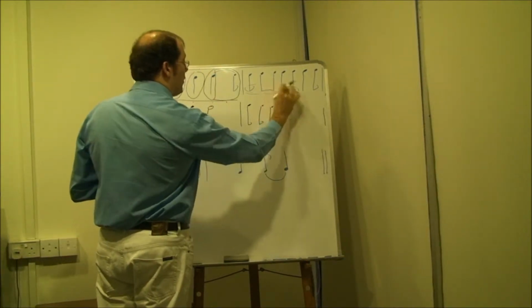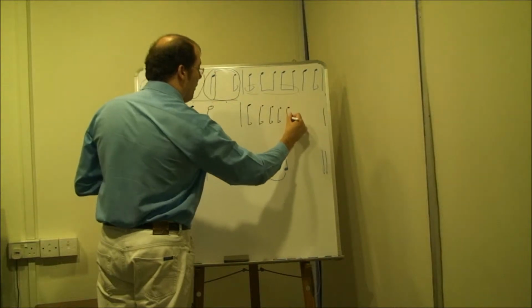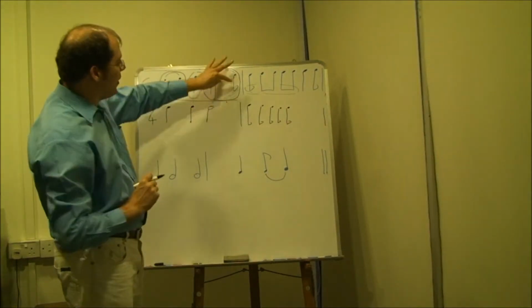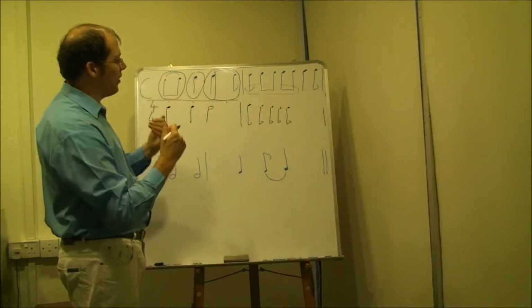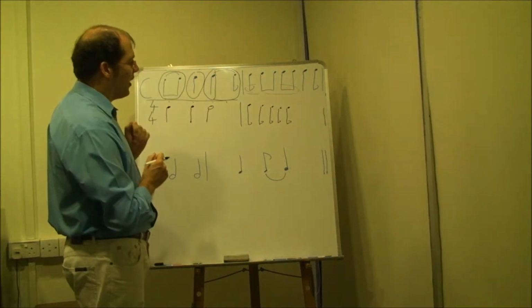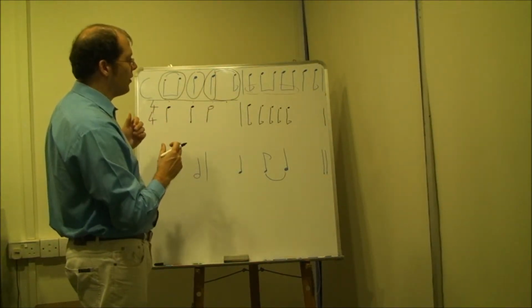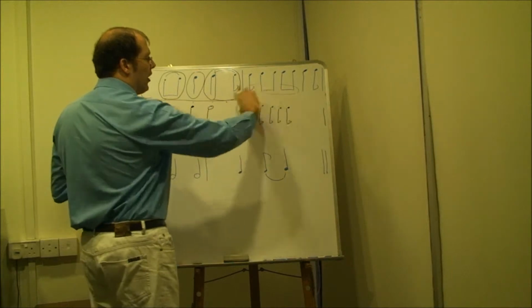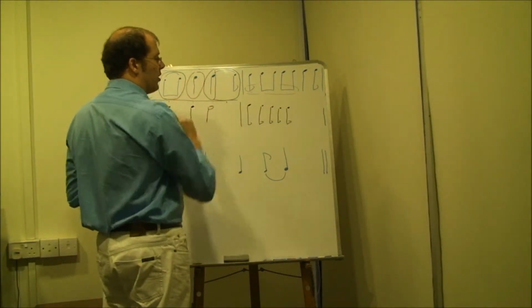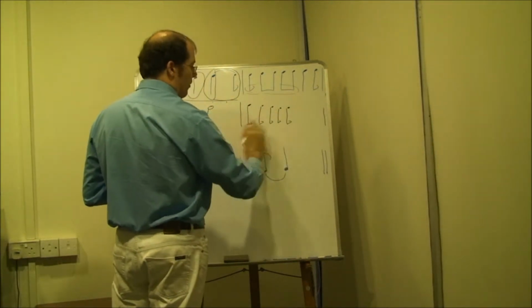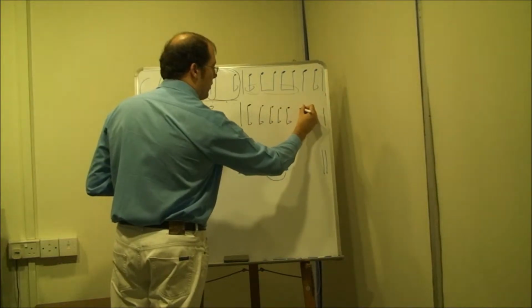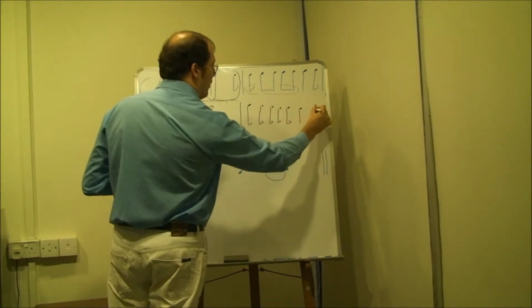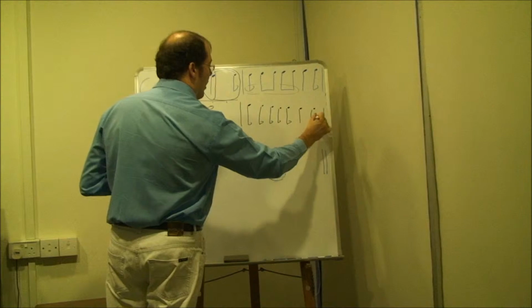Because when we have a look at the example over there, the major problem with that is that it's already beamed in a certain way. And so when you're trying to solve it, it's confusing to try and work with the existing beaming. So if we do it like that, we can just have a blank slate in a way. And then we have a crotchet over there, and a quaver to end.